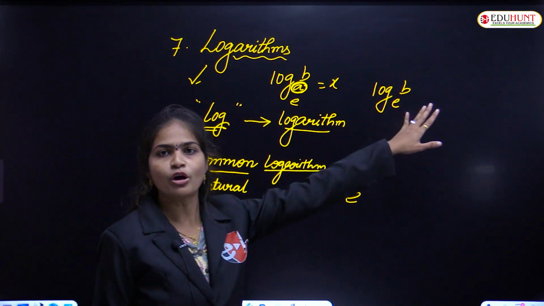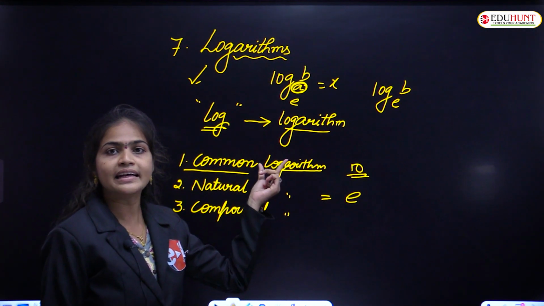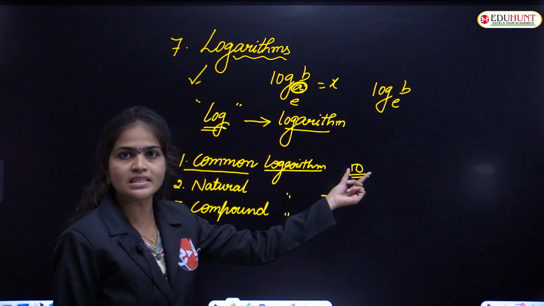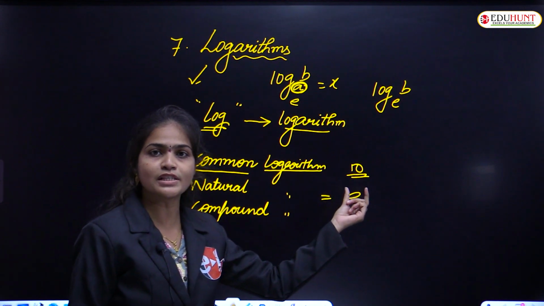Such logarithms are called natural logarithms. For common logarithms the base is always 10, and for natural logarithms the base is always e.